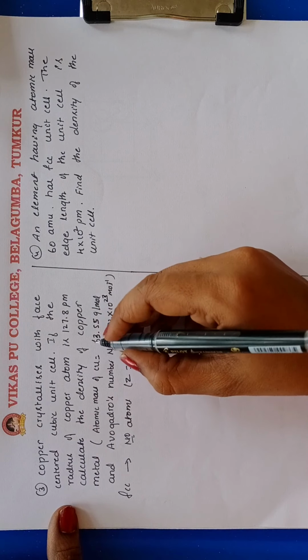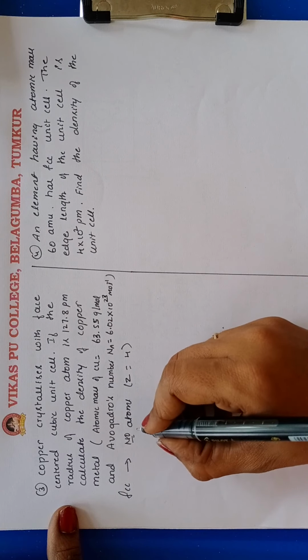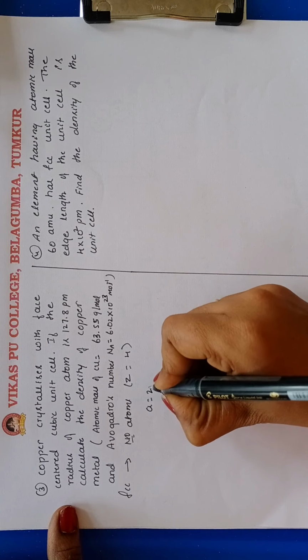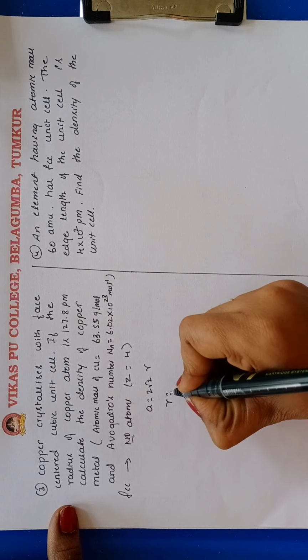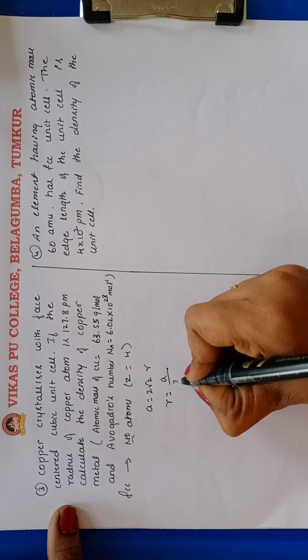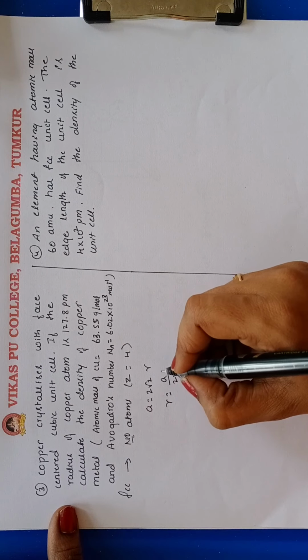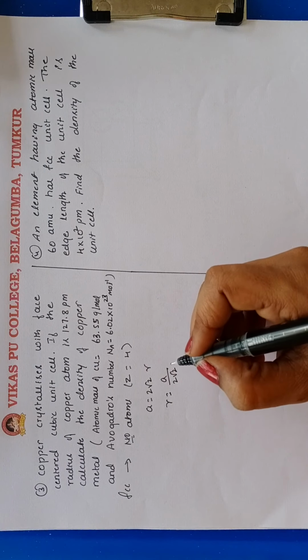Then we know the formula: R is equal to A divided by 2 root 2, which means A is equal to 2 root 2 R. This is the formula.